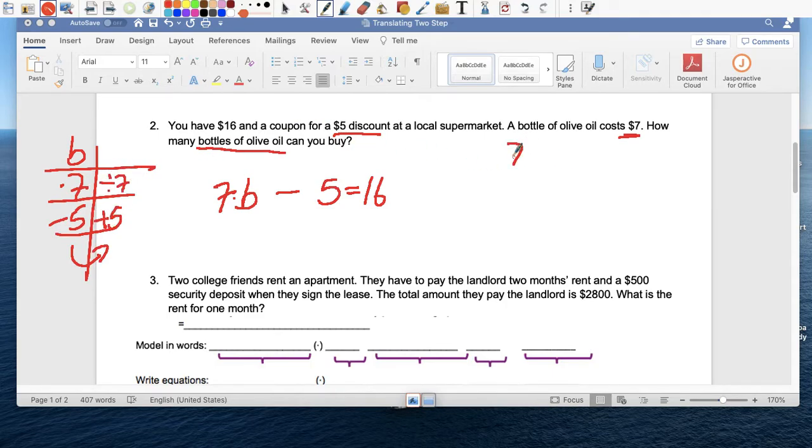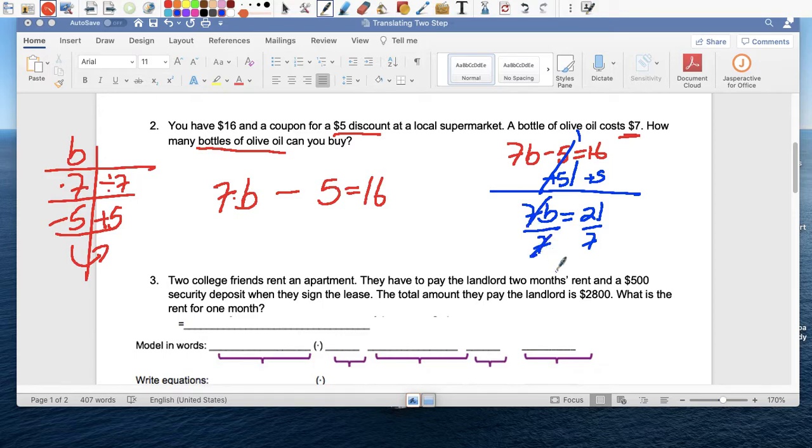So let me just write it over here again. Let's do plus 5 on both sides. 16 plus 5 is 21, and this goes away, 7b comes out. Divide both sides by 7. b equals 3.